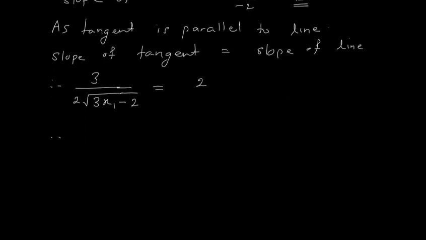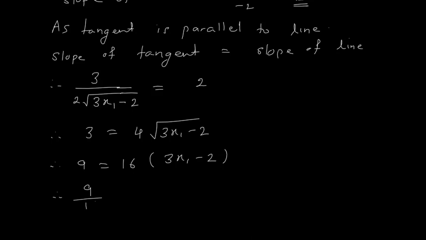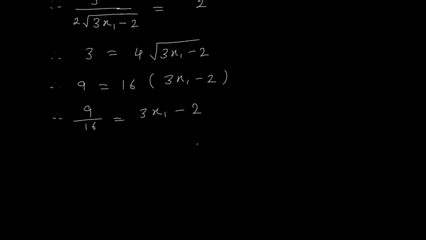Therefore I will say that 3 is equal to, this 2 will go on that side, so 2 into 2 square root of 3x1 minus 2, that is 4 square root of 3x1 minus 2. Now to find the value of x1, we will square on both the sides. So I have 9 equal to 16 into 3x1 minus 2. I bring 16 on the left side, so 9 upon 16 equal to 3x1 minus 2. Therefore 3x1 equal to 9 upon 16 plus 2.